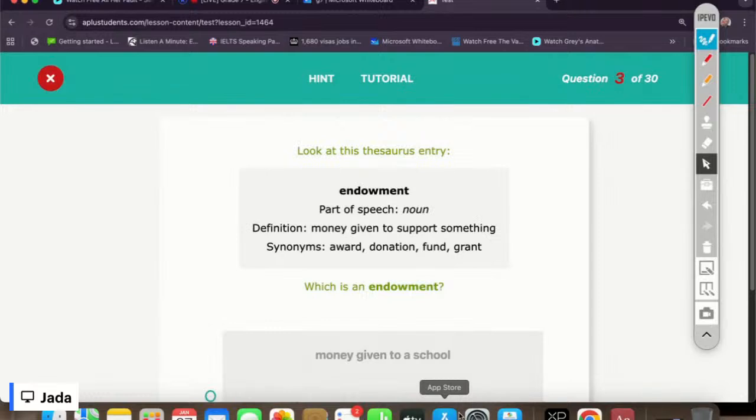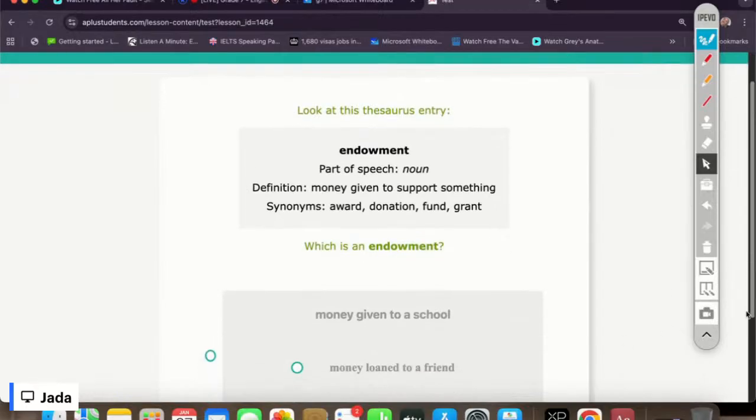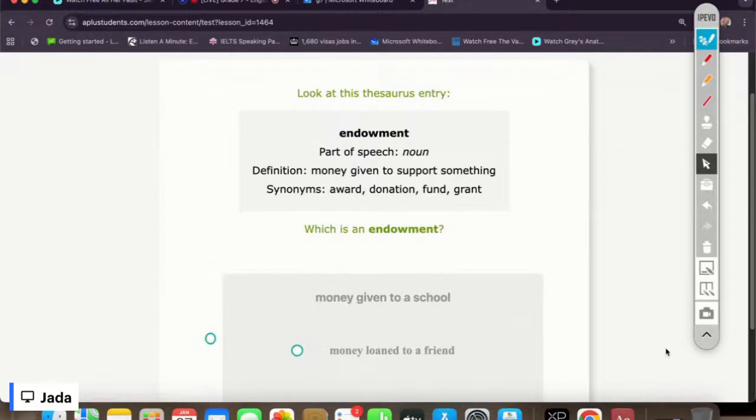So endowment, part of speech is noun. Definition: money given to support something. The synonyms are donation, fund, and grant. So what's the right answer here? Which is an endowment? First or second?